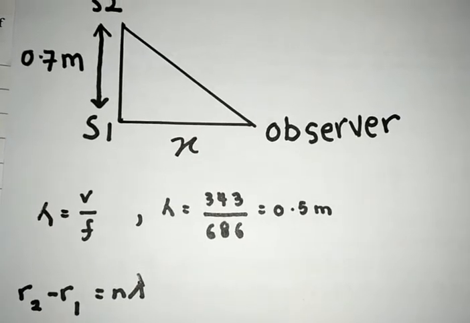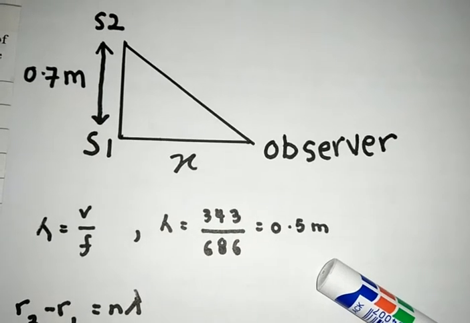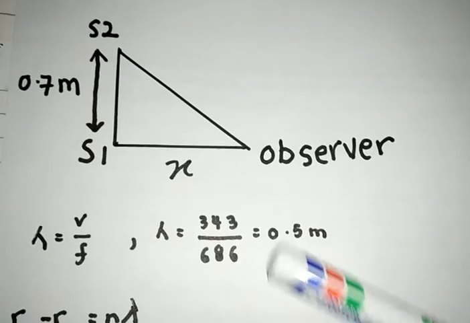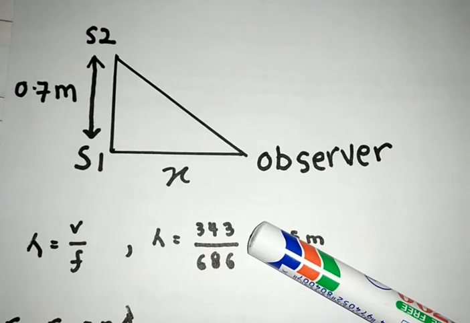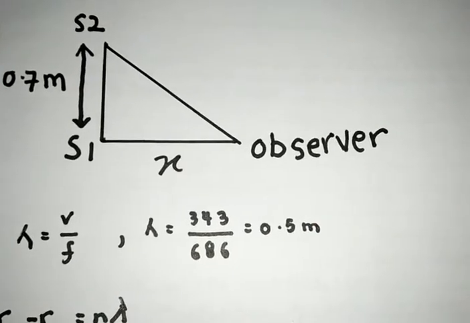Now the idea is that we will get a maximum when two wave crests coincide. Since the frequency is 686 Hz and the speed of sound is 343 m/s, the wavelength will be 0.5 meter.